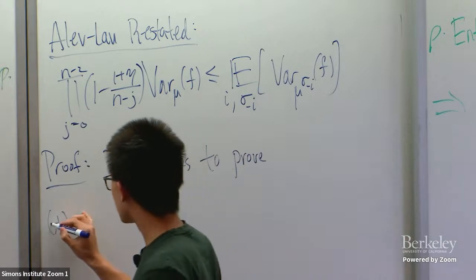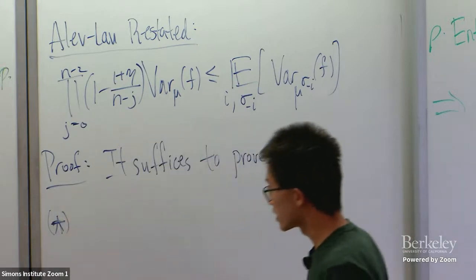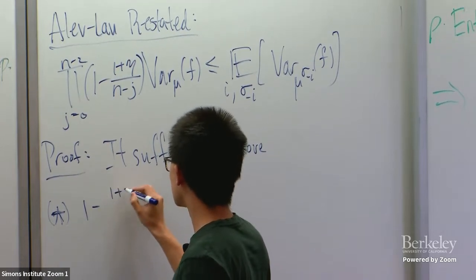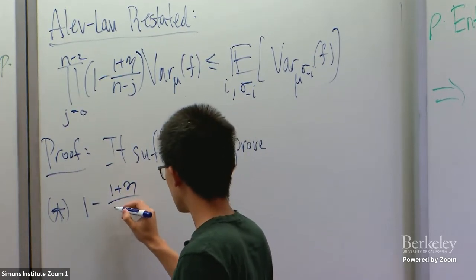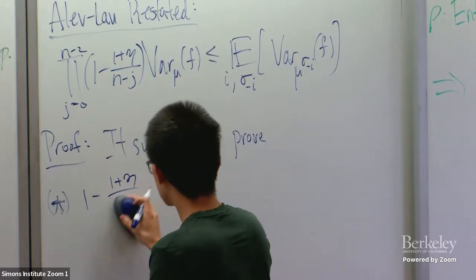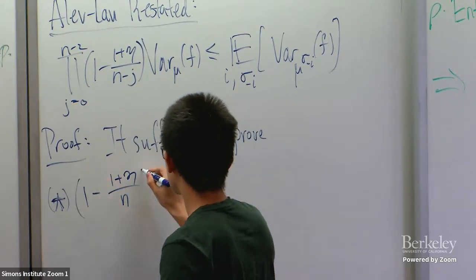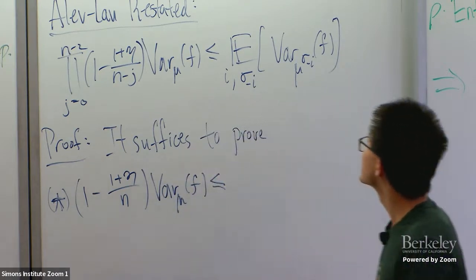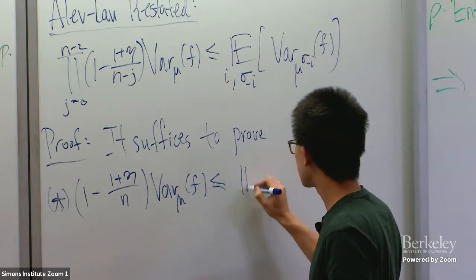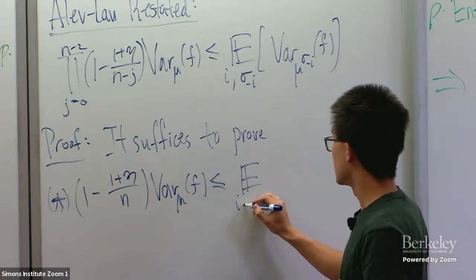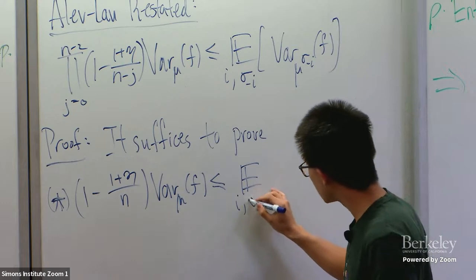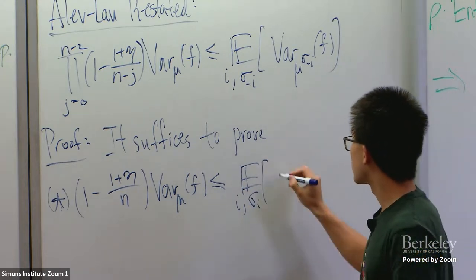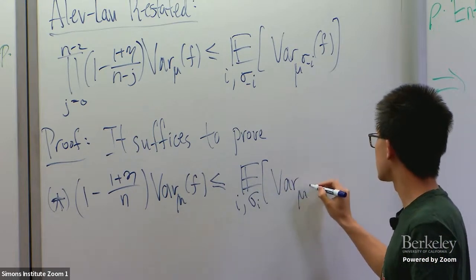So I claim that it suffices to prove the following inequality: up to this factor of 1 minus 1 plus eta over n, the global variance factorizes slightly as, if I take expectation over the coordinate i, and an expectation over only the assignment to that one vertex, and I look at now just a slightly localized variance.